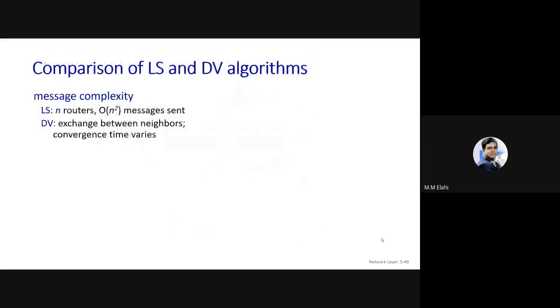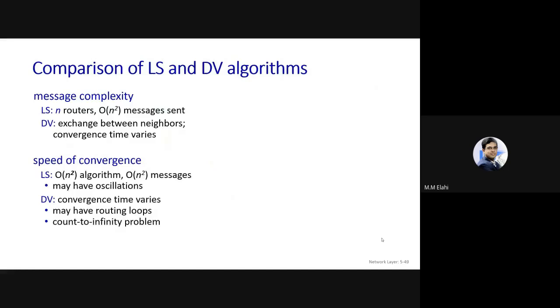Now there is some comparison between link state and distance vector. Already there are some logical comparisons. As I said, link state initially needs to send some messages to get the entire database. So message complexity may be higher in link state, but maybe lower in distance vector. But the convergence also depends. So there is no better and best, but there are some comparisons.